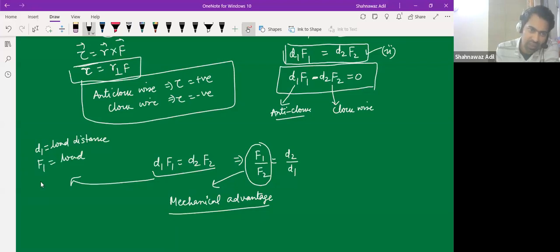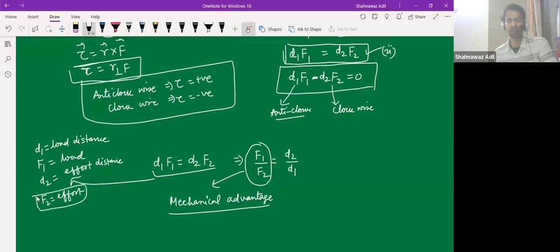We have D2, which is the effort distance, and F2, which is the effort. So the idea is that we want to reduce the effort. We want to apply the minimum effort so that we can get the maximum load.